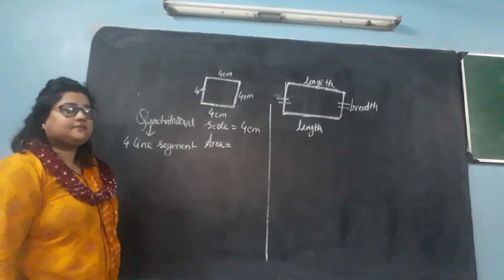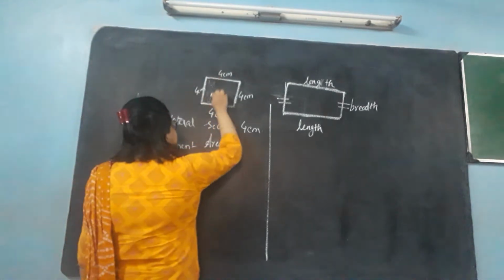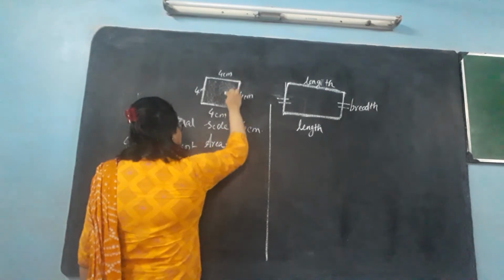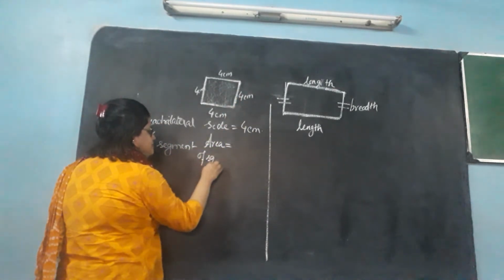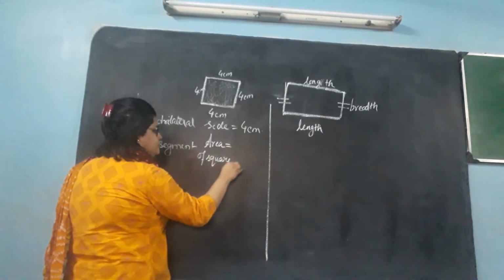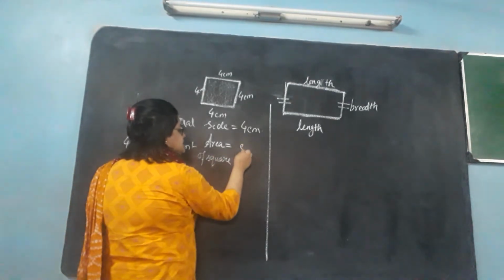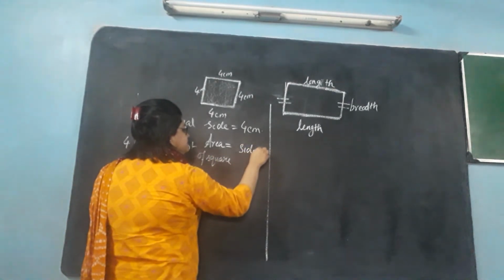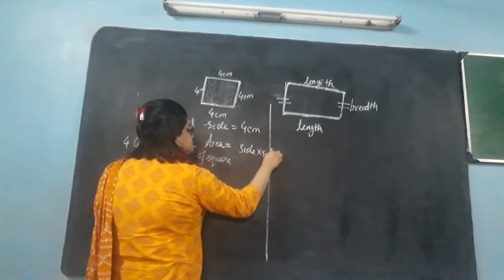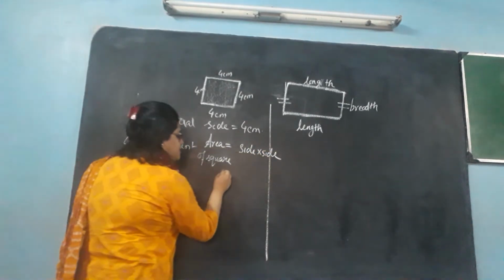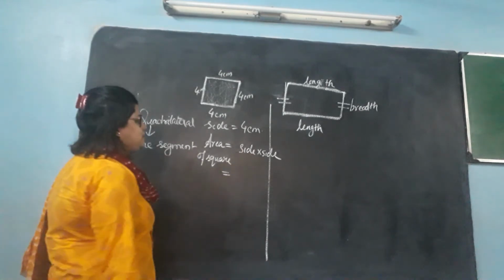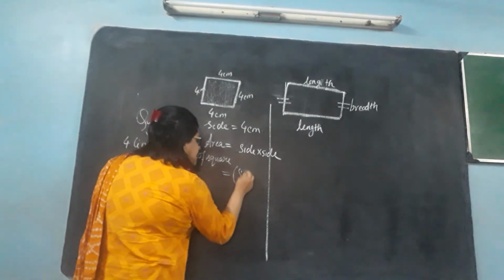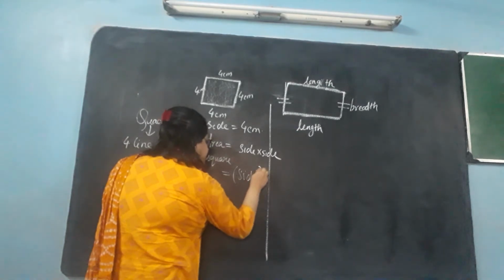Area means how much space inside there is of the square figure. So the area of a square can be found out with the formula which you have to remember, side into side. Or when we multiply the same things together, we can also call it side square.